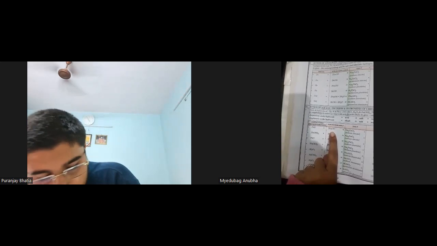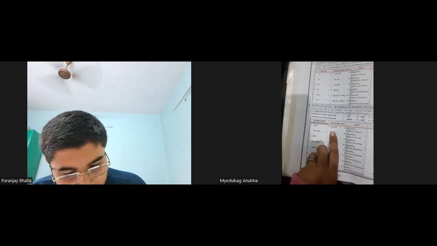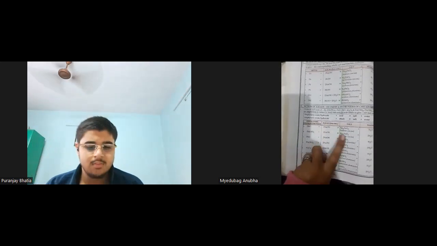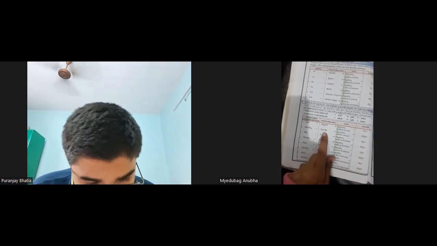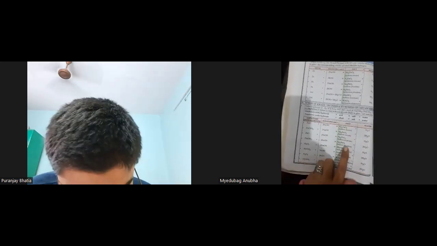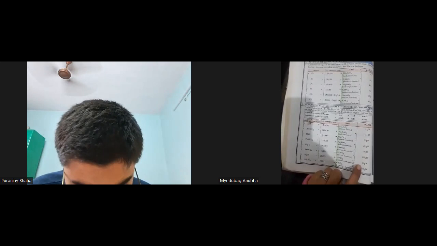It will be sodium zincate with the addition of water, H2O. Then zinc hydroxide reacts with NaOH to give sodium zincate with water. As you can see, in all the cases, salt and water are formed.